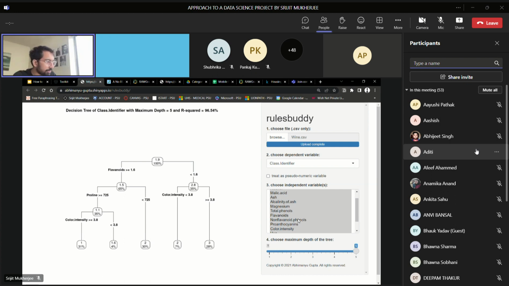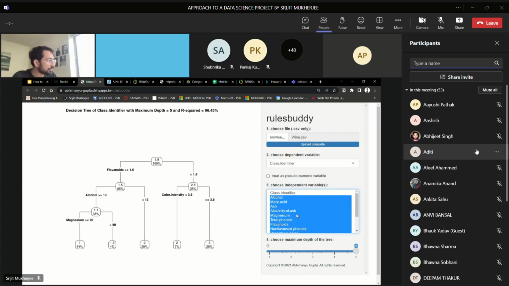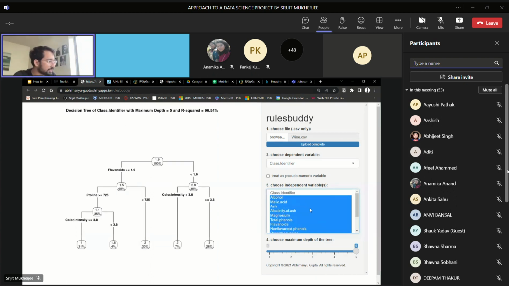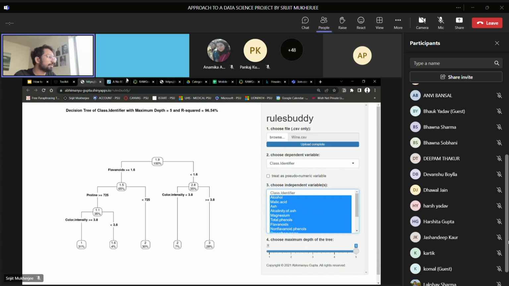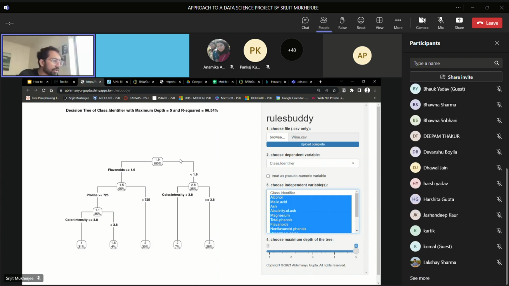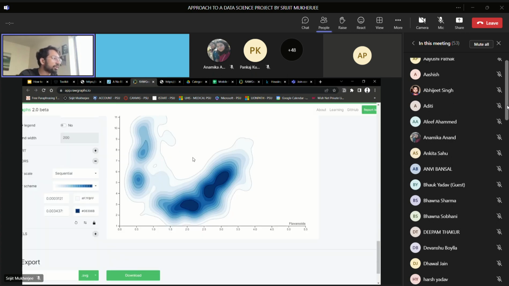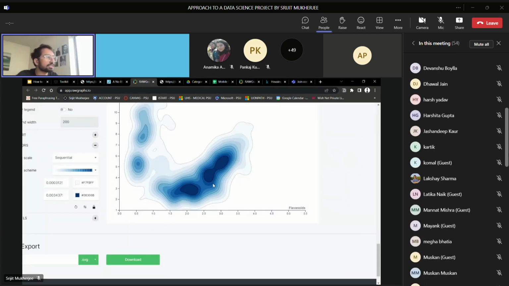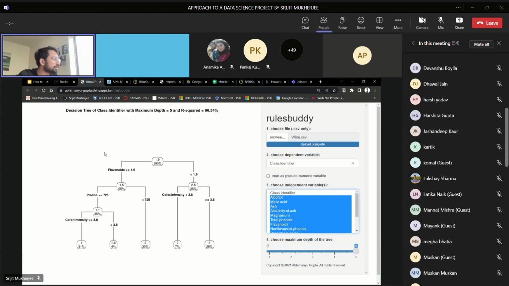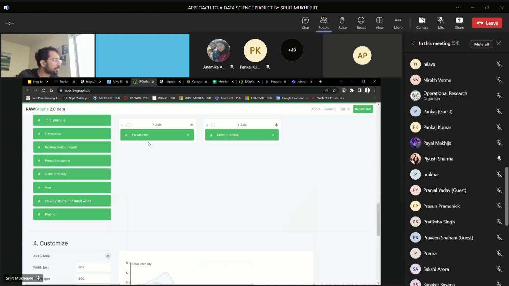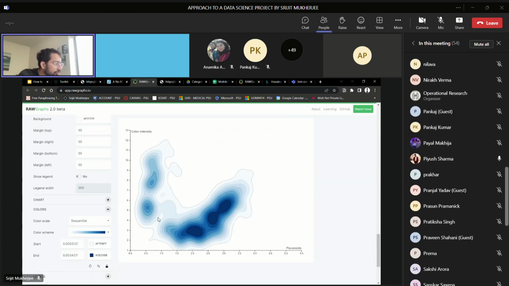So if you delete the proline part, then alcohol is coming up. Okay, let's check the proline part. Let's just take flavonoids and proline together. For flavonoids it's 1.6, and for color intensity it's 3.8.